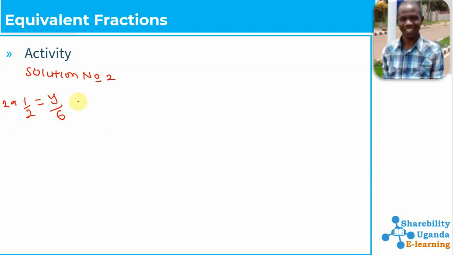So for us to be able to solve this number, we can still arrange it. We can say our 1 out of 2 being equal to y out of 6. How do we come up and get our y?